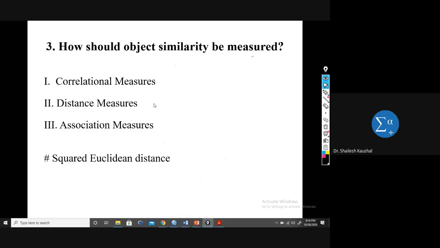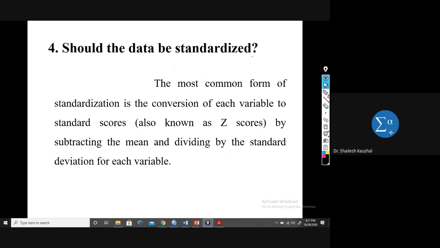There are many criteria: the choices of one person highly correlated with another, distance measures, association measures. Generally we club two people by using the squared Euclidean distance formula, and it gives an output. Okay, then should the data be standardized?